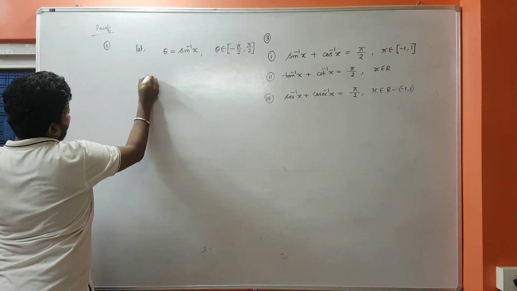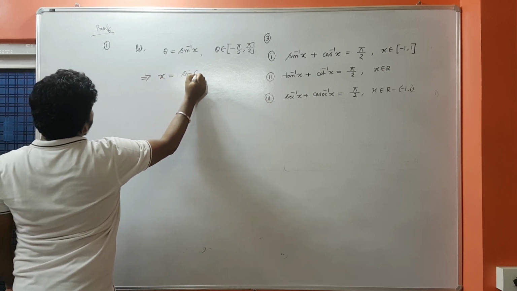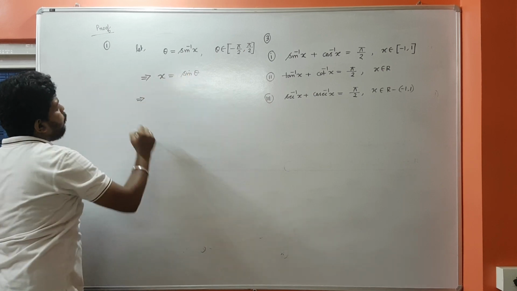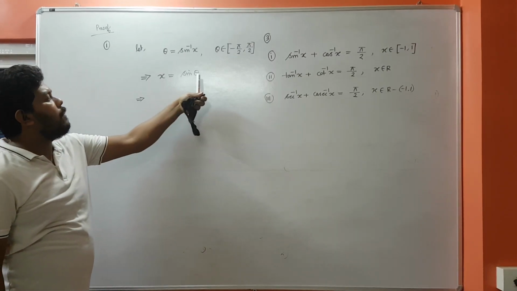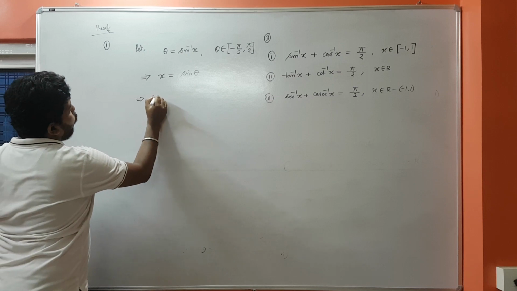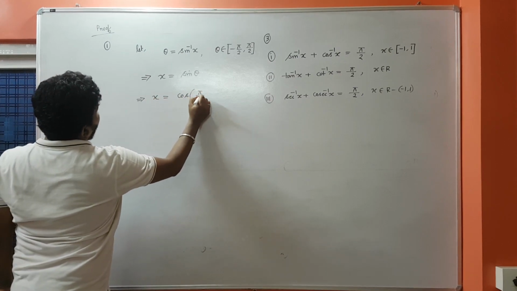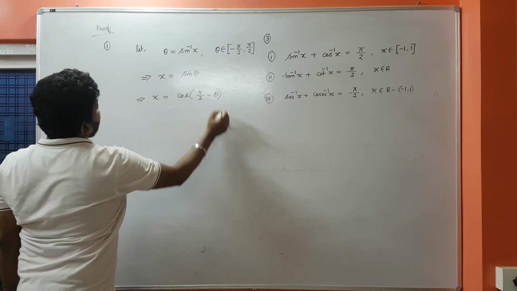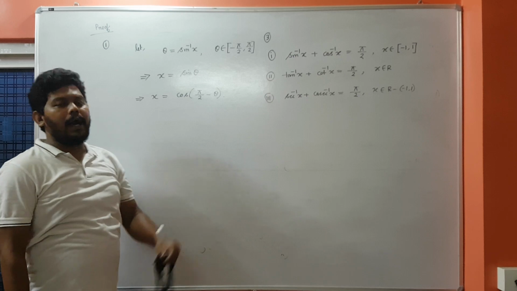Hence, we can write x equal to sin theta. Now, what is sin theta? Sin theta is equal to cos of pi by 2 minus theta.